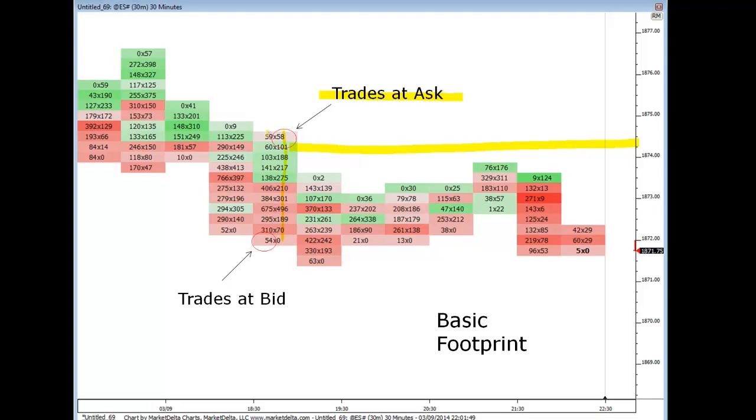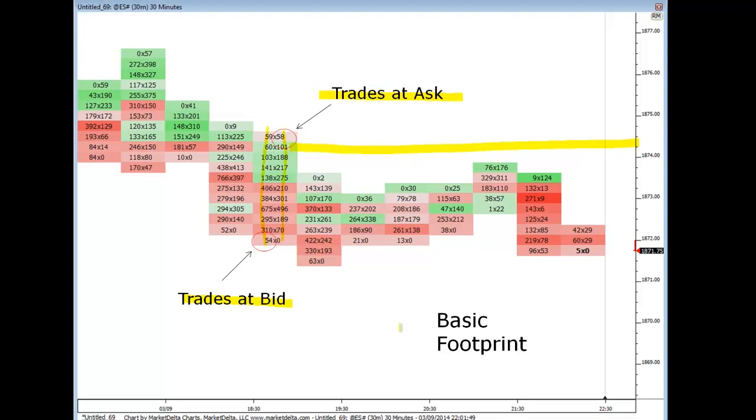Similarly, all of the trades on the left-hand side of the footprint are the trades that were traded at the bid. Now, there is a general assumption that is often made that trades made at the ask are made by buyers, and that trades made at the bid are done by sellers.